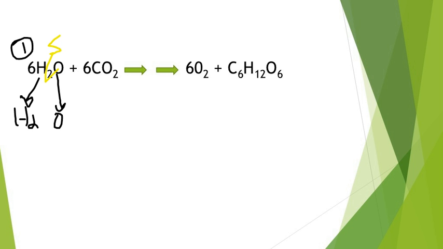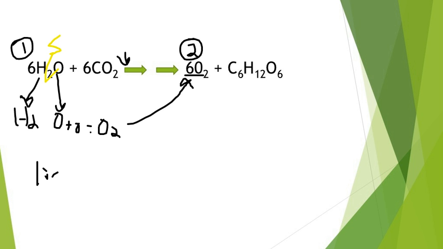The second thing that's going to happen is this oxygen is going to pair up with another oxygen and become molecular oxygen, diffuse out from the plant or the photosynthesizer, and become our product of oxygen. That's step number 2. Both of these occur here in what is known as the light reaction. This is where we're using sunlight to break water.